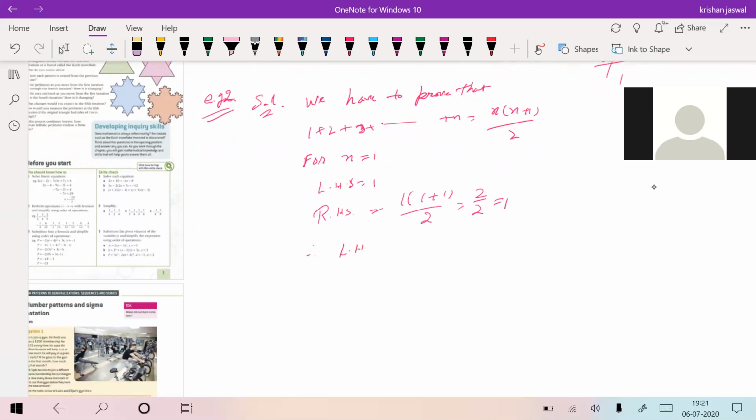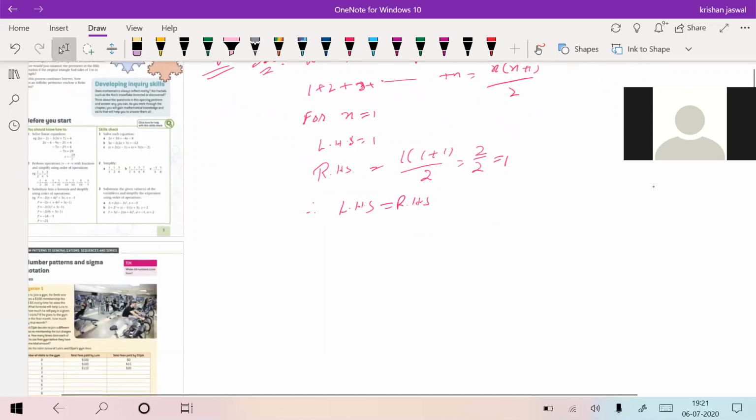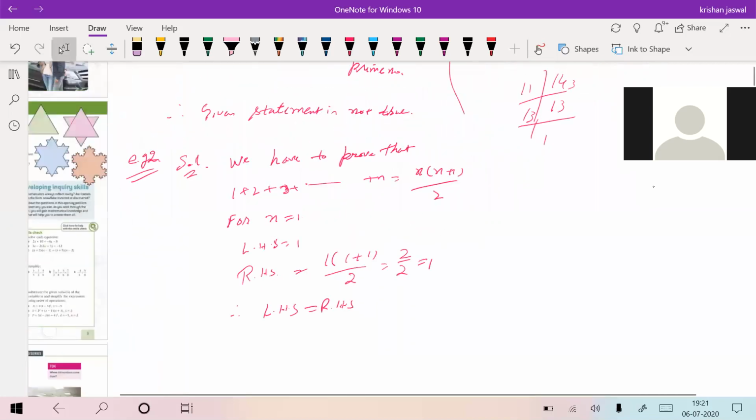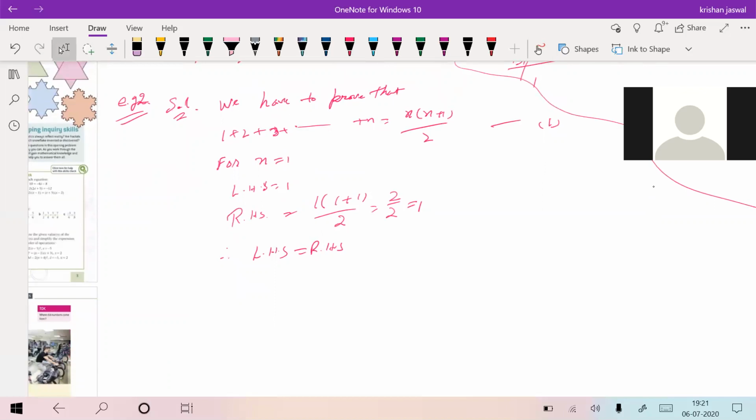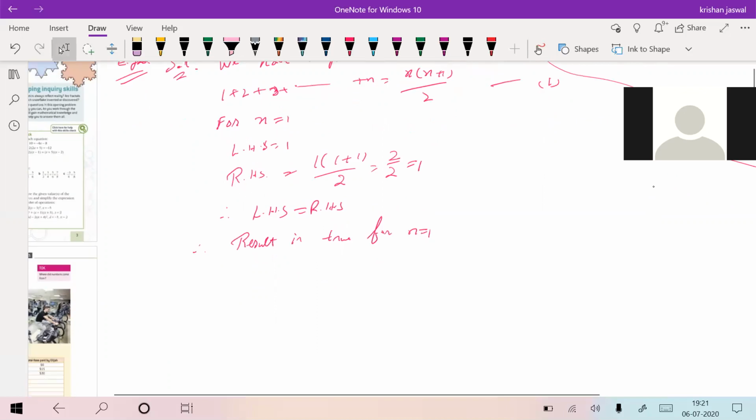Therefore, the result is true for n equal to 1.